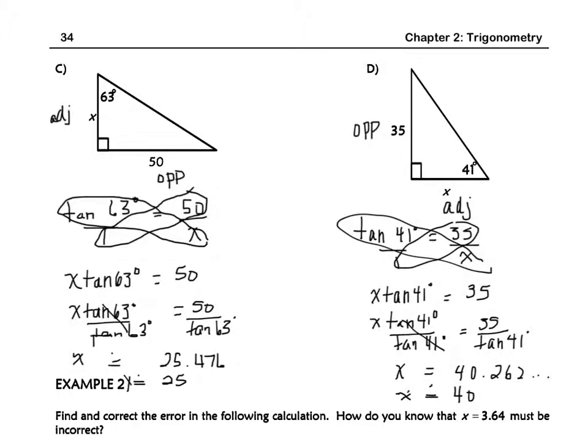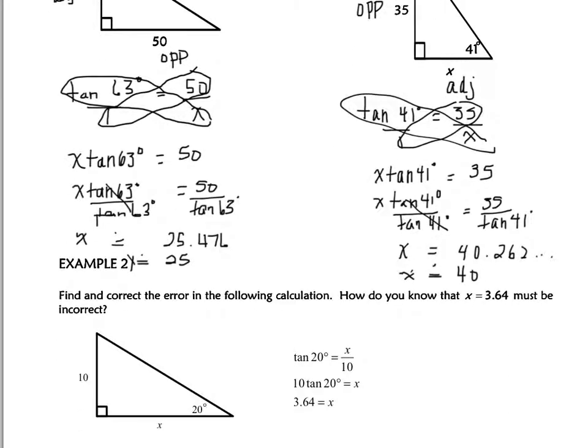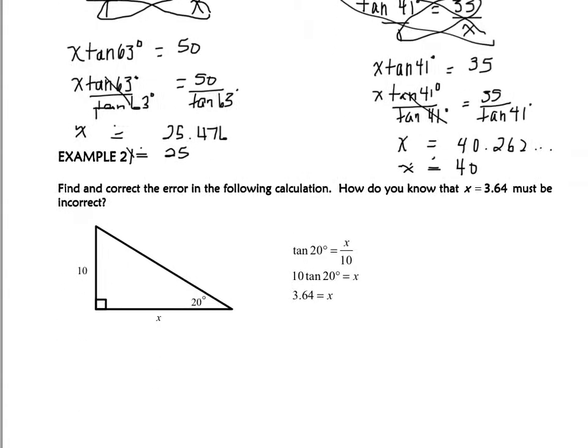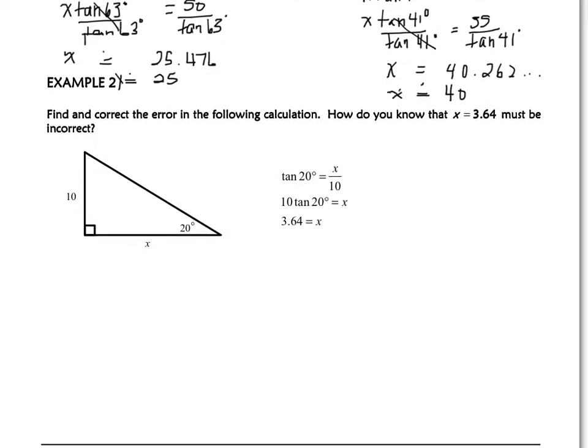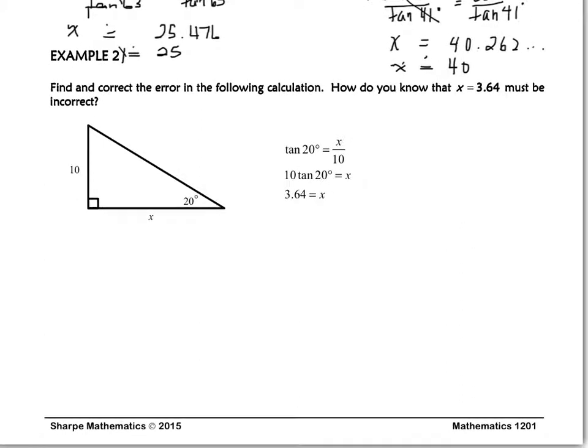Okay, so the next example asks you to find and correct the error in the following calculation. And it says, how do you know that x equals 3.64 must be incorrect? So if we look at the example that we have a right triangle, we do have an angle of reference of 20, and they are using the tan ratio.